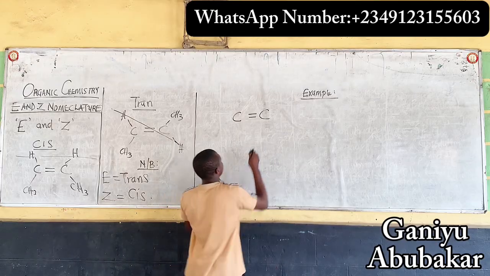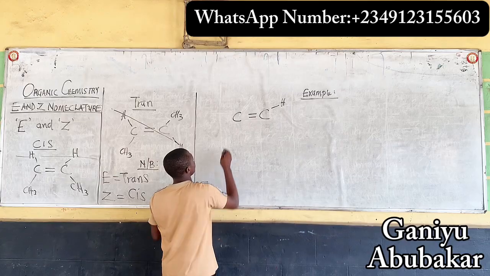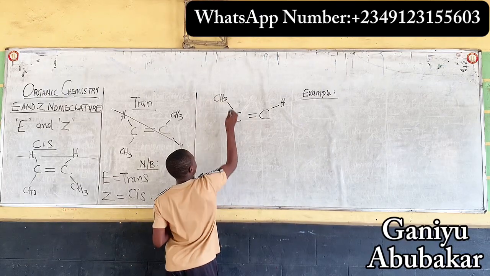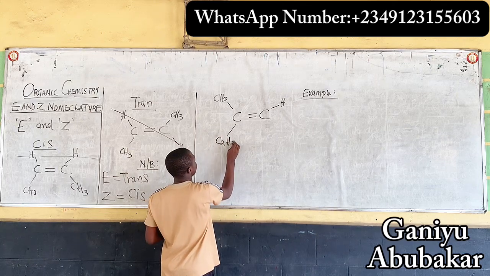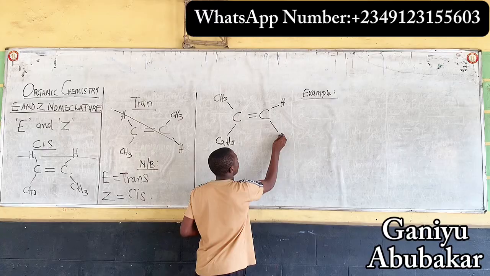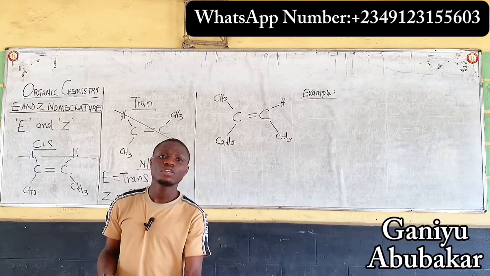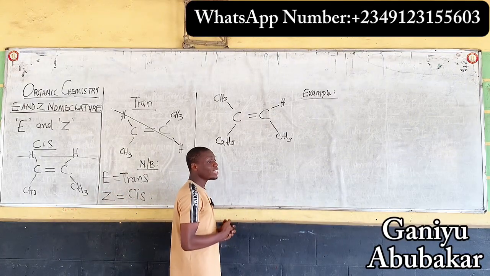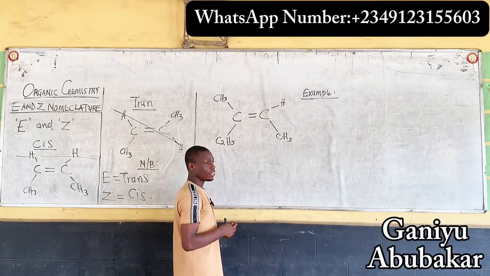I have H here, I have CH3 here, I have C2H5, I have CH3. Looking at this structure here, this is not a cis. This is not a trans.